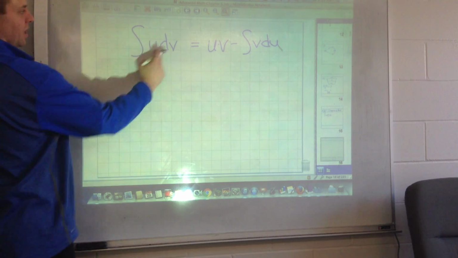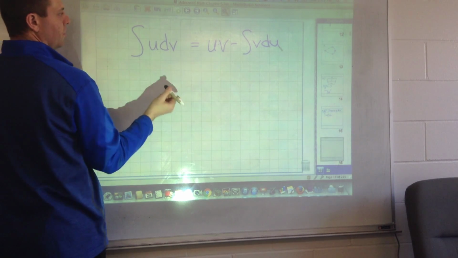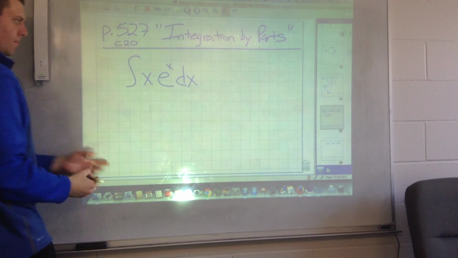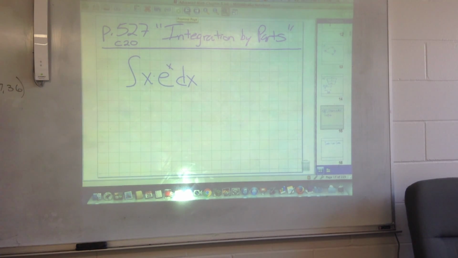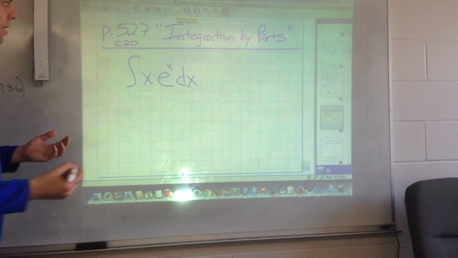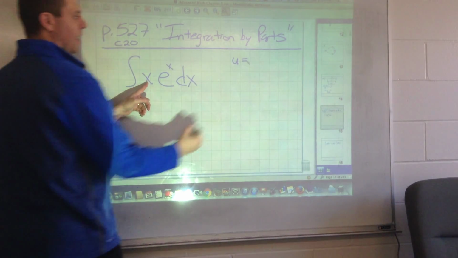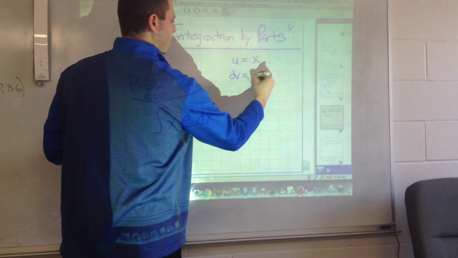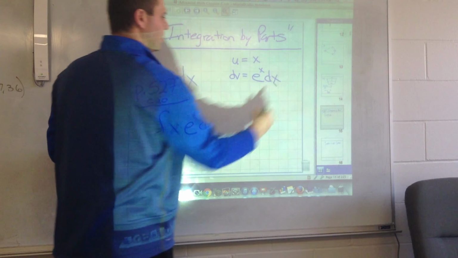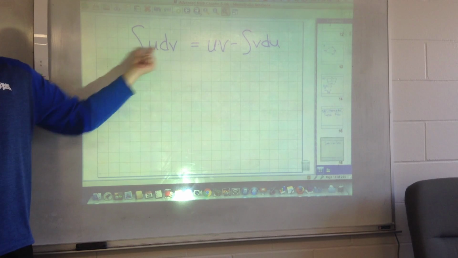So the idea is to try to set it up so we have u and dv in our original integral. In this case, we want this to be u times dv. There are two ways to go with this. You could let u be simply x, and then let dv be e to the x dx, to get that u dv part.